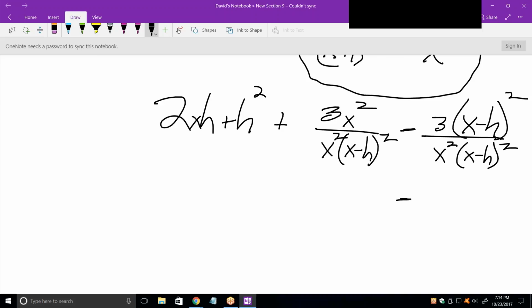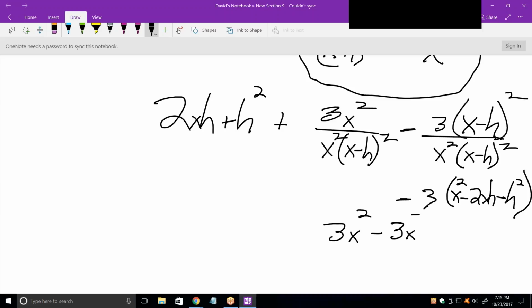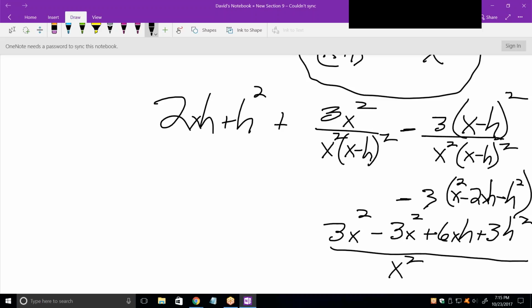So that becomes 3 times x squared minus 2xh minus h squared. And now it becomes 3x squared minus 3x squared plus 6xh plus 3h squared all over its common denominator.